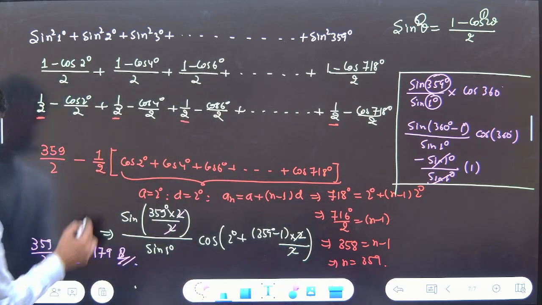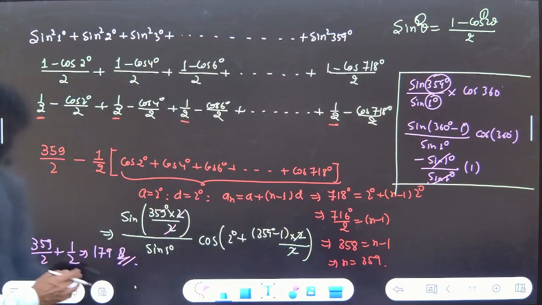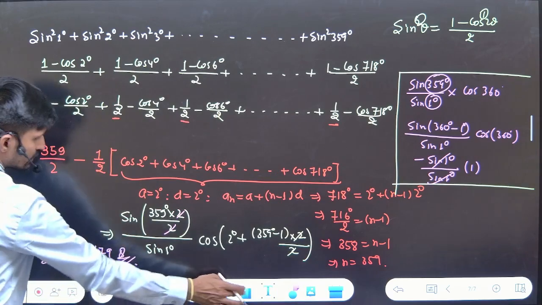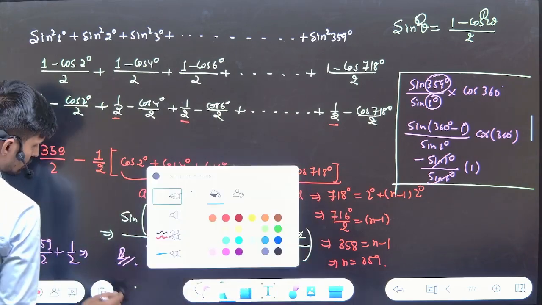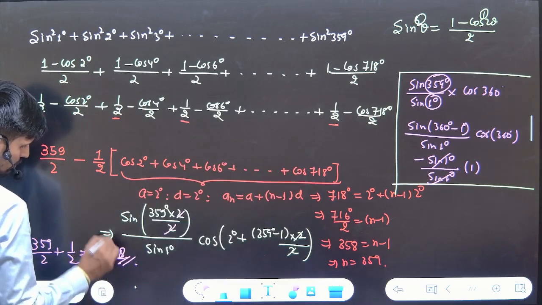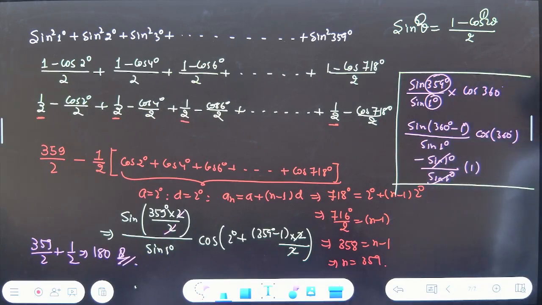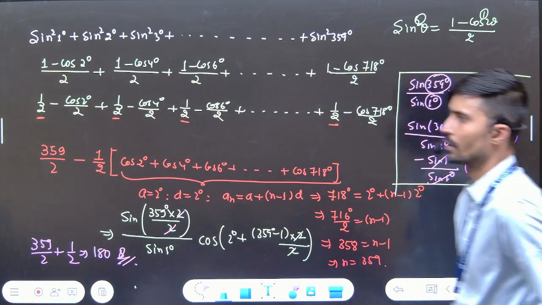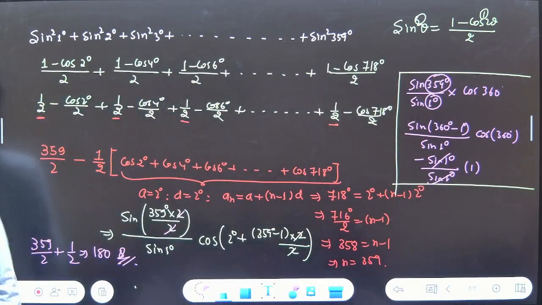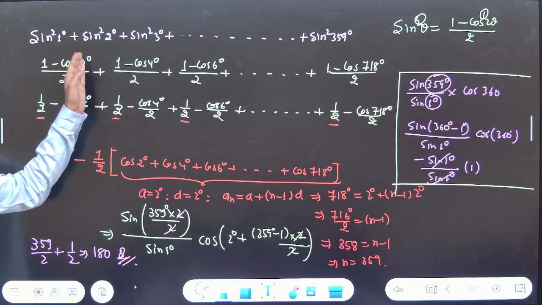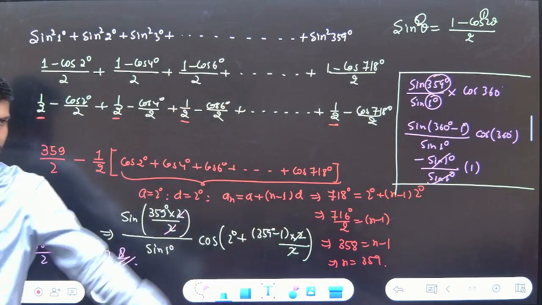So this minus minus will become plus. It means answer will be 180. Same way, someone can ask you cos square 1 plus cos square 2 plus cos square 3. They can ask in cos square also.